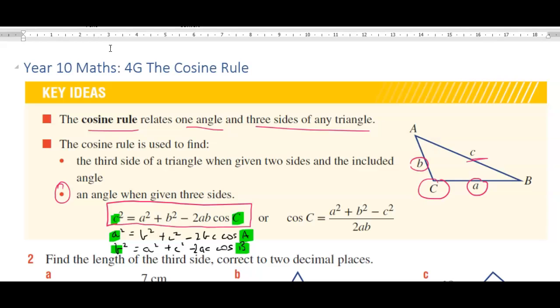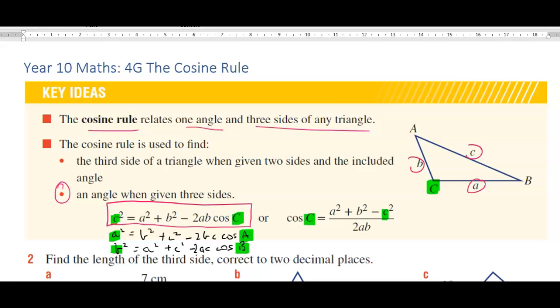So I'm going to just erase this so I can talk about it again. If you're given a, b, and c, we can use it to work out the angle C, or you can use it to work out angle A or B. You just have to make sure that if you're doing angle C, you write it correctly. Everything has to go in the correct order.